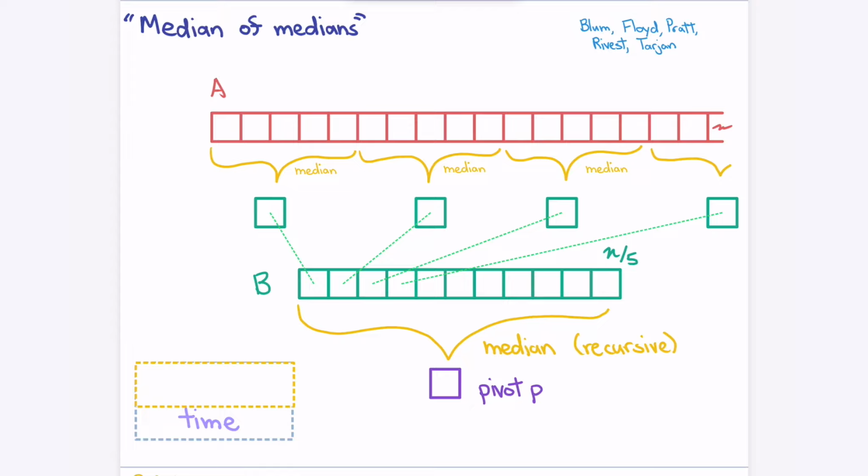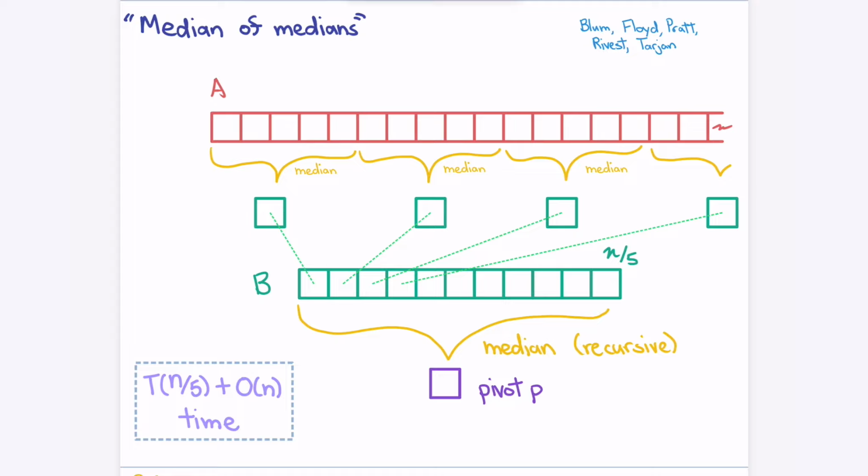What's the running time for just this subroutine we analyzed? Basically T(n/5) is the main recursive call, but we also do a little bit of extra work, plus O(n). So in T(n/5) plus O(n) time, we now get something that's between 30% and 70%. That's better than 10%.